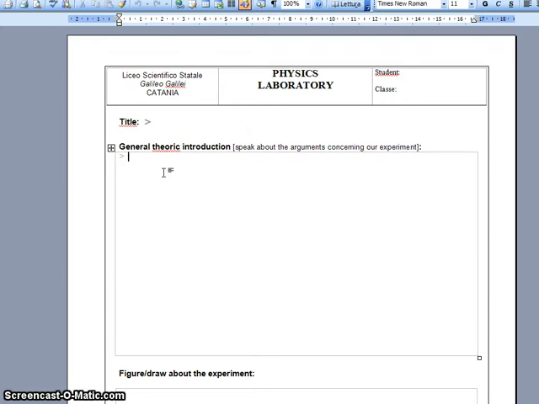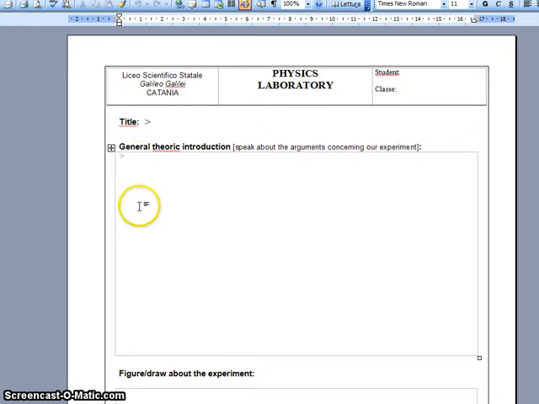Thus, at the end, the kinetic energy has the same value as the gravitational potential energy at the beginning of the experiment.